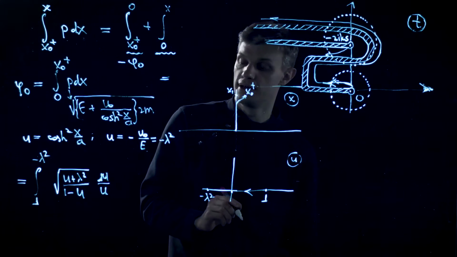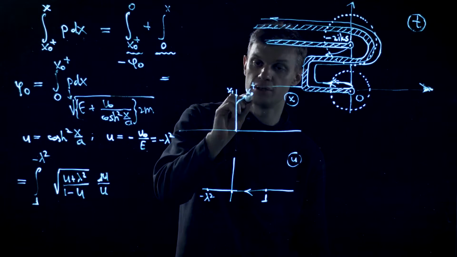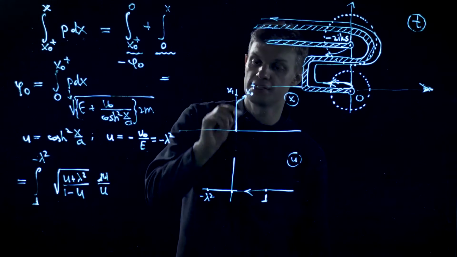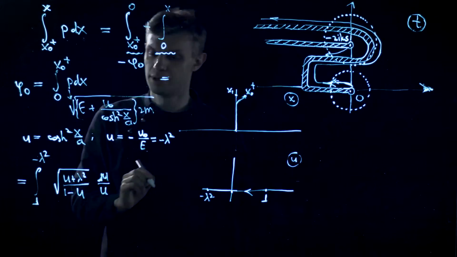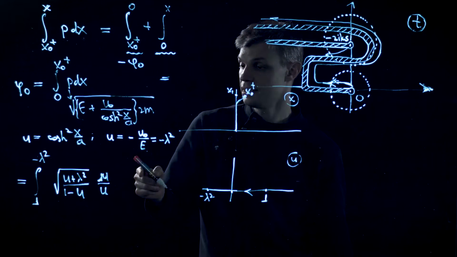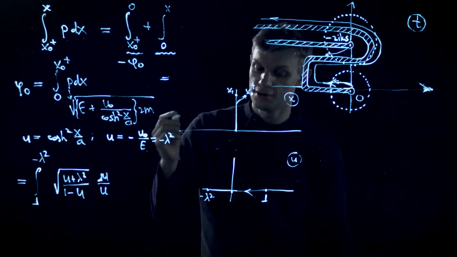So the contour has a pole du over u at the point u equals 0. That's due to the fact that when we go from 0 to x naught plus, we actually go in the vicinity of this pole of the potential. And this u lies close to the pole of the potential.